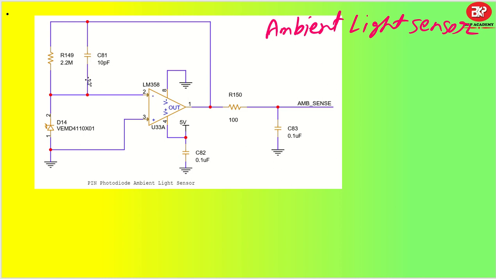Now this is acting as an amplifier as well, and then again a low pass filter, and then it goes to my ambient temperature sense, which is actually one of the ADC pins. Based on your ADC, whether it is a microcontroller ADC or an external ADC, you can send it to the input of your ADC converter. So this is one method for designing with ADC converters. Understood?